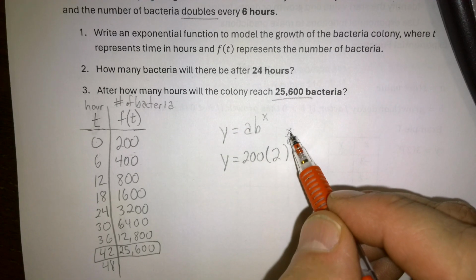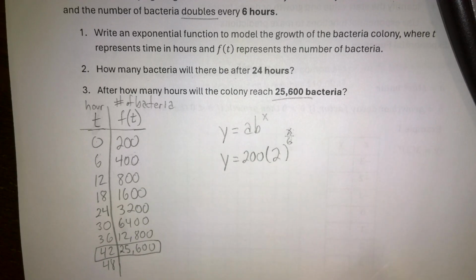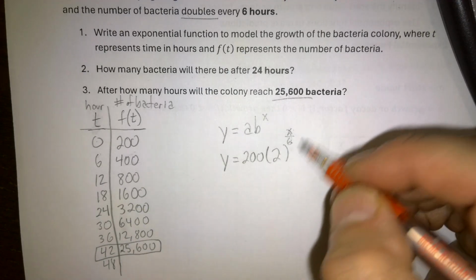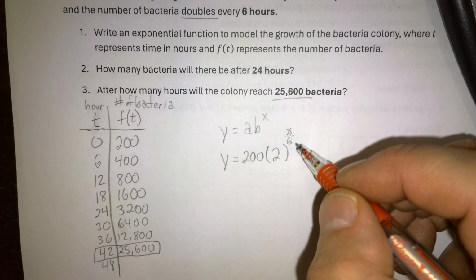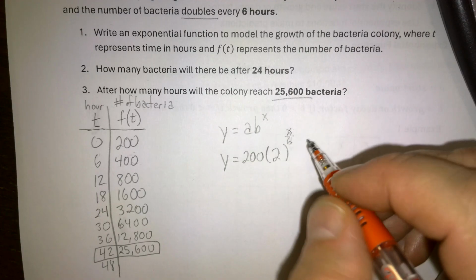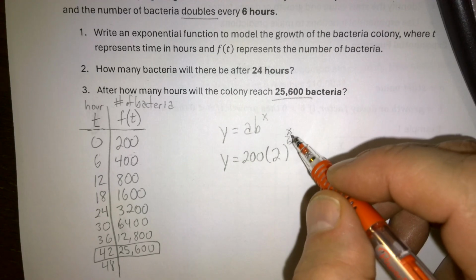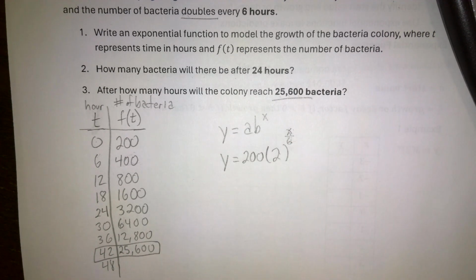So once I plug in 6, I get 2 to the first, which is 2 times 200 gives me 400. So this would be the equation in this case. So sometimes, if the growth rate or decay rate is not happening every hour, we might have to adjust this.